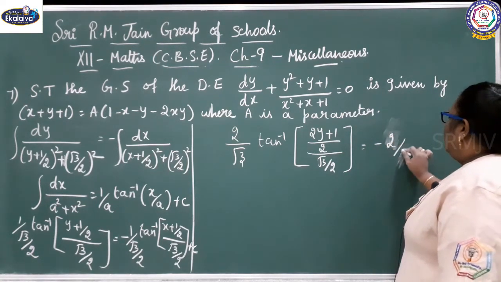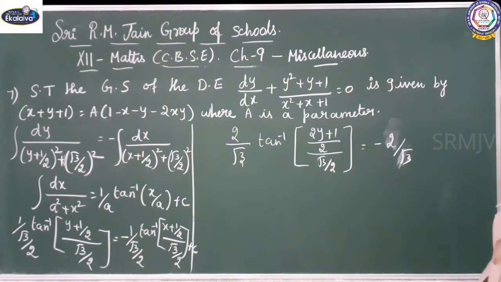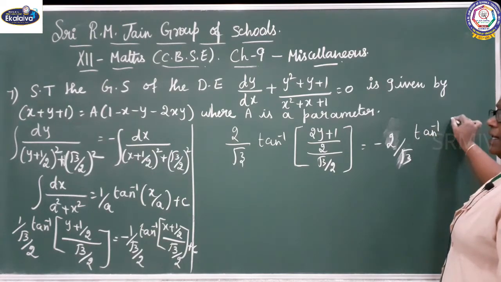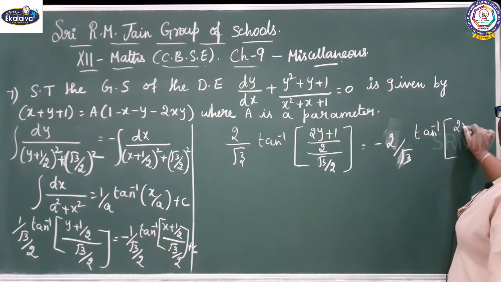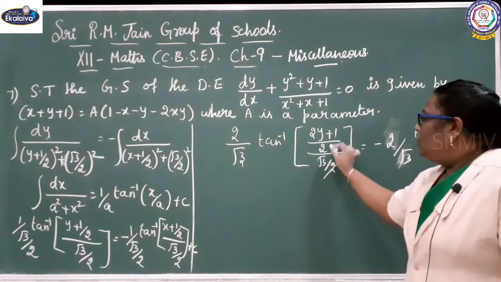You take the reciprocal of that value, minus 2 by root 3. The same way you can take 2 as the LCM here: tan inverse of 2x plus 1 by 2 by root 3 by 2 plus c. The 2 gets cancelled, here also the 2 gets cancelled.